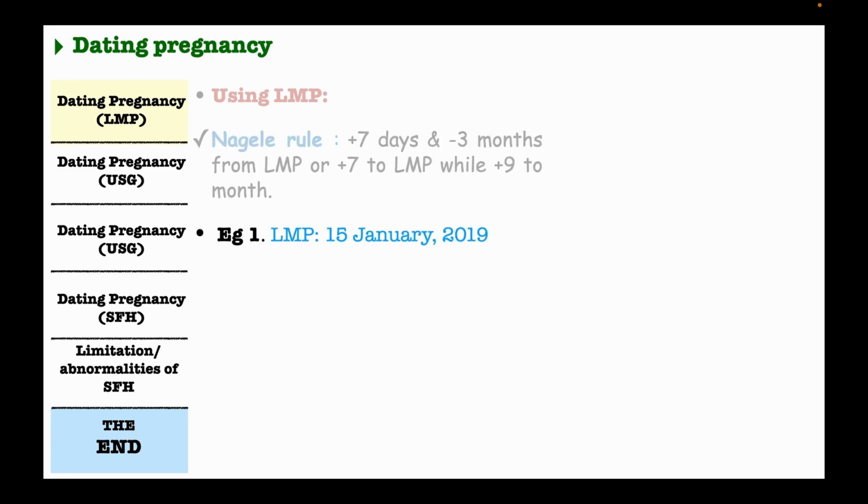If the woman comes with an LMP of 15th January 2019, using the Nigel rule, we are going to add 7 and subtract 3. So 7 days to the LMP minus 3 from the month of the LMP. And so we are going to have 7 plus 15 giving us 22 and 3 from the month of January.